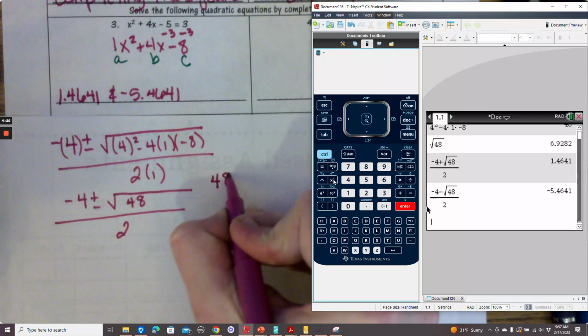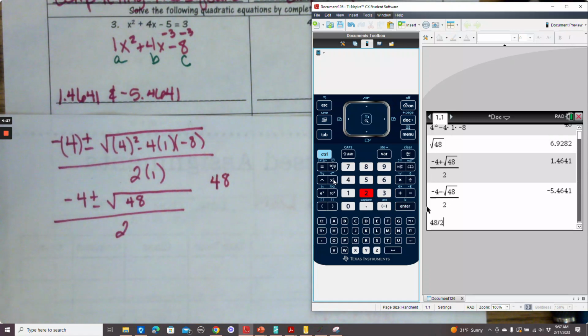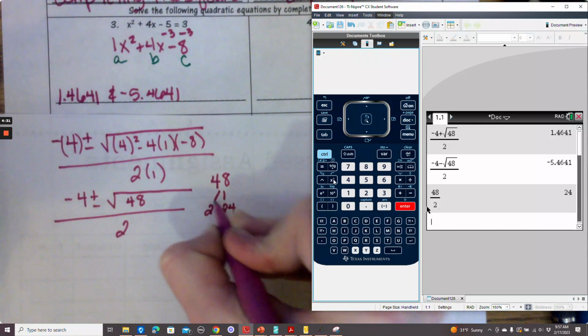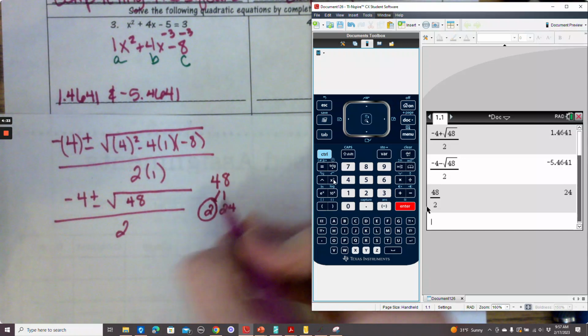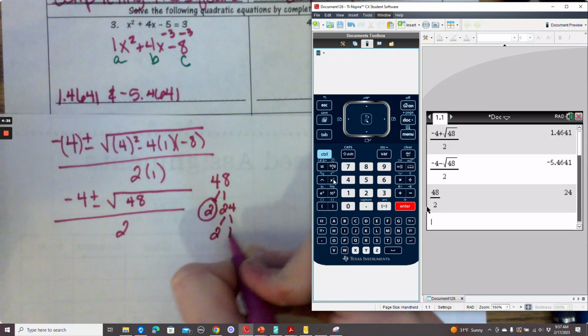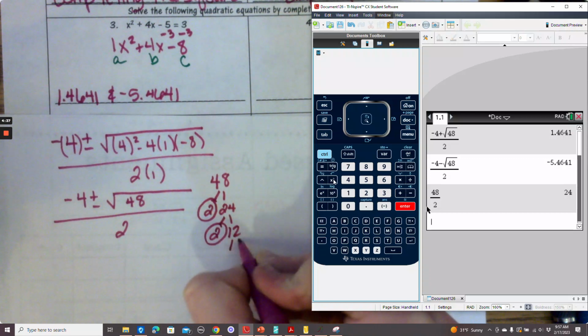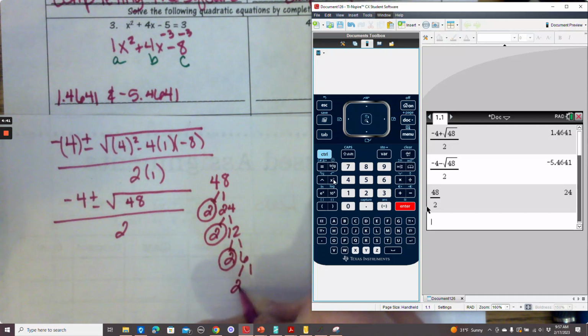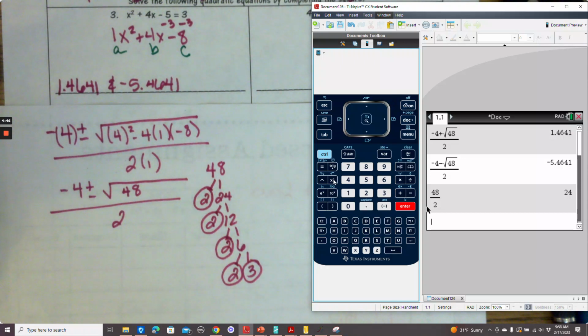So I'm going to break down 48. So 48 is even. It's divisible by 2. So 2 is prime. 24 is even. It's divisible by 2. 12 is even. It's divisible by 2. 6 is even. So again, we're doing the prime factorization.